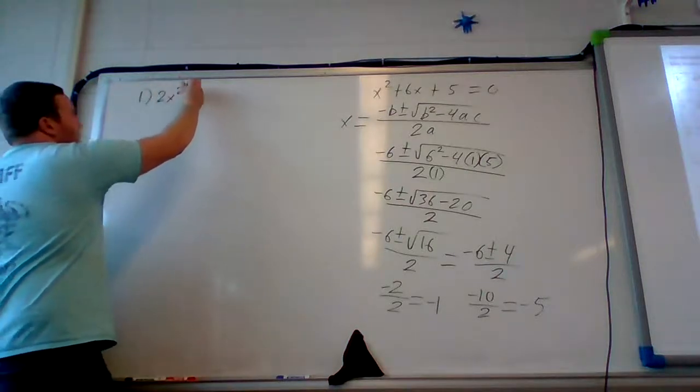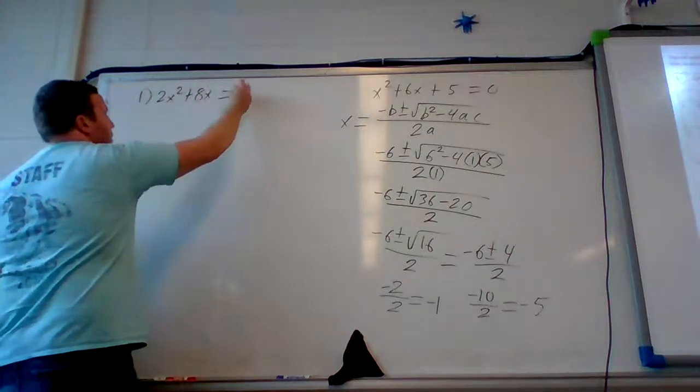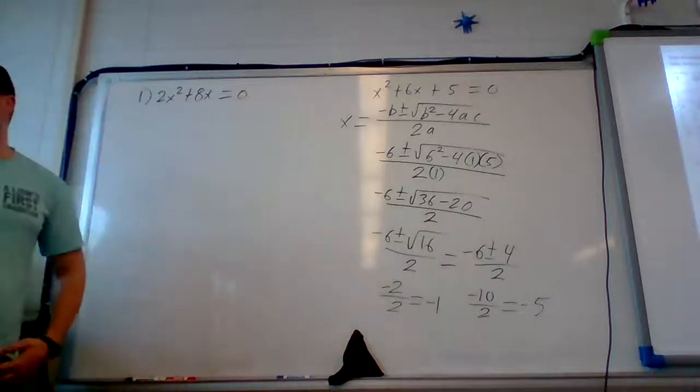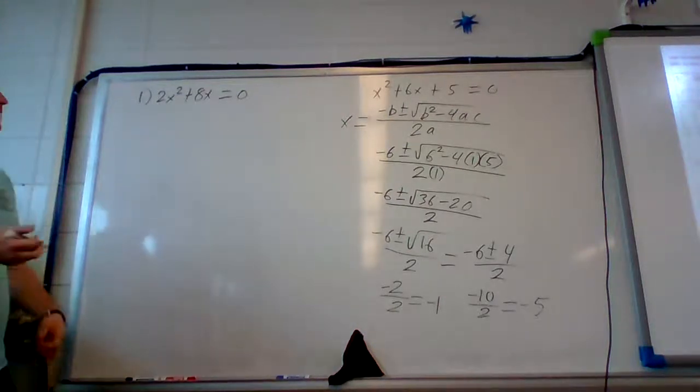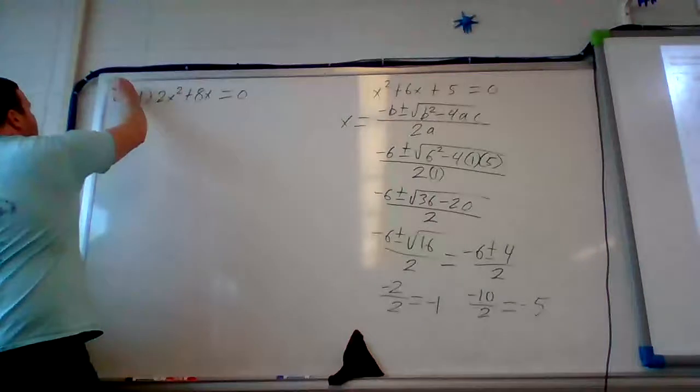We have 2x squared plus 8x equals 0. What method would be the most efficient to use? Greatest common factor. So this one's GCF.